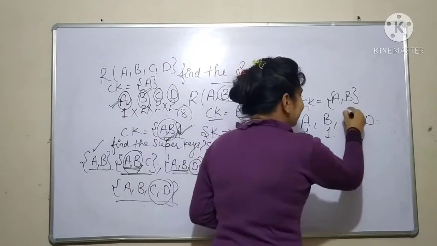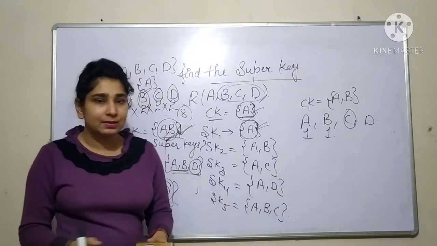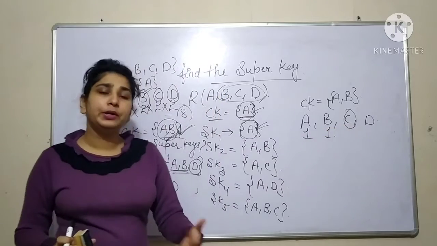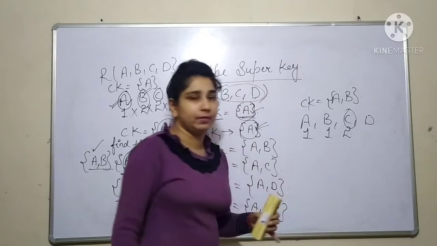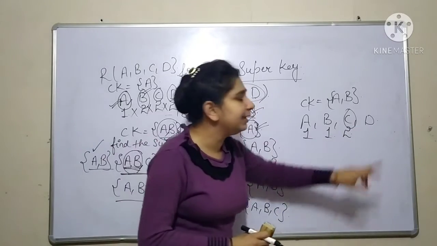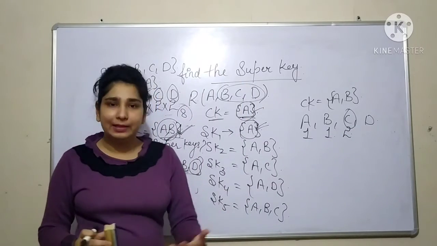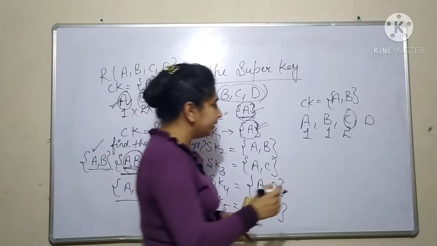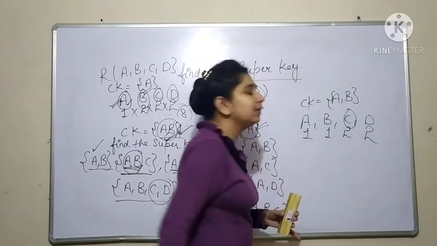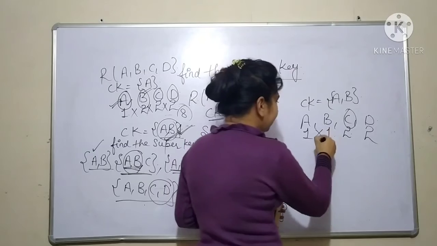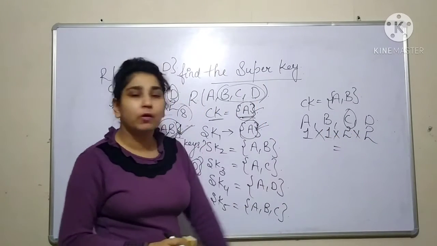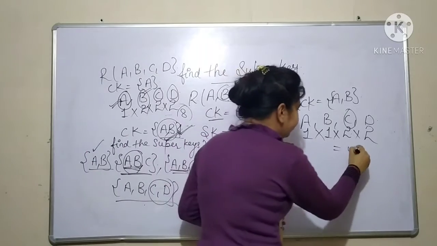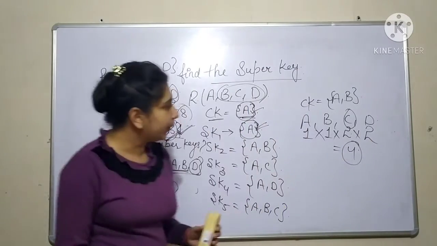If you look at the other attributes, it's your choice. Either you include it or you don't include it. So two possibilities. The same case with attribute D. Either you include it or you don't include it. So two possibilities. Multiply. So the total number of super keys is 4.